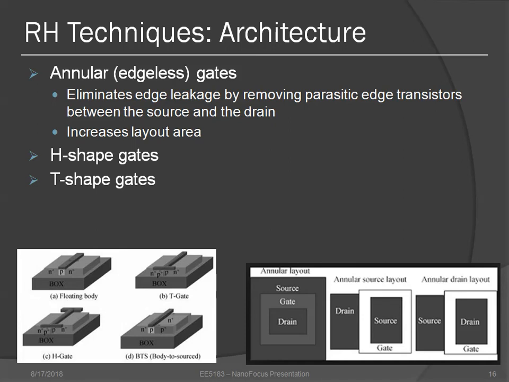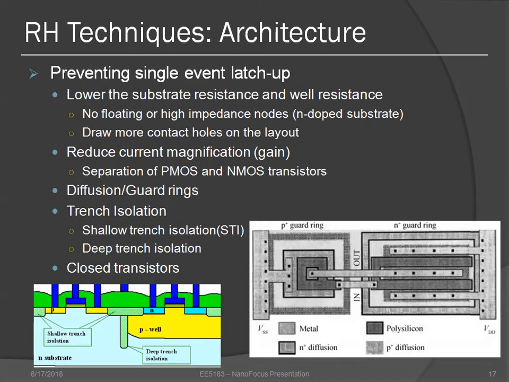There's also a number of different architectural techniques we can use to help reduce the probability of single event latch-up. So there's basically two different types of goals that we have when we're trying to do this. There's lowering your substrate resistance and well resistance, or reducing your gain, right? So for this first one here, in order to lower those resistances, we can add more contact holes in the layout.